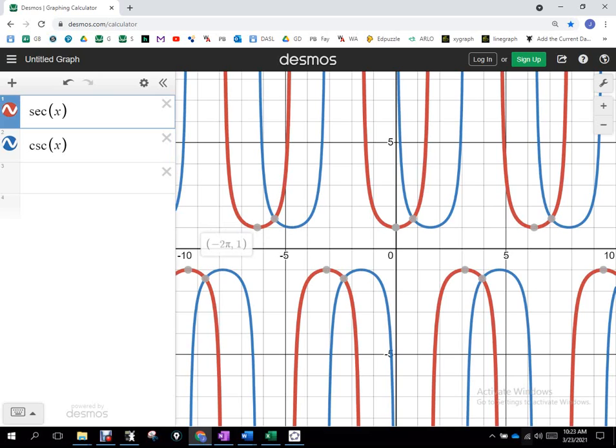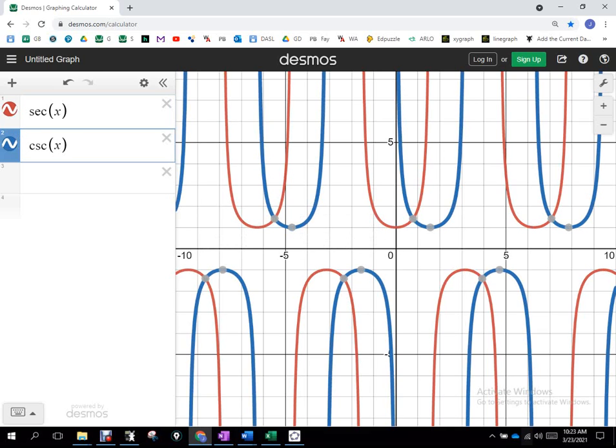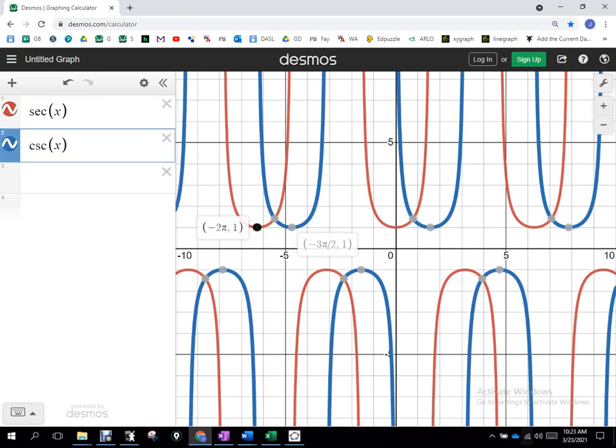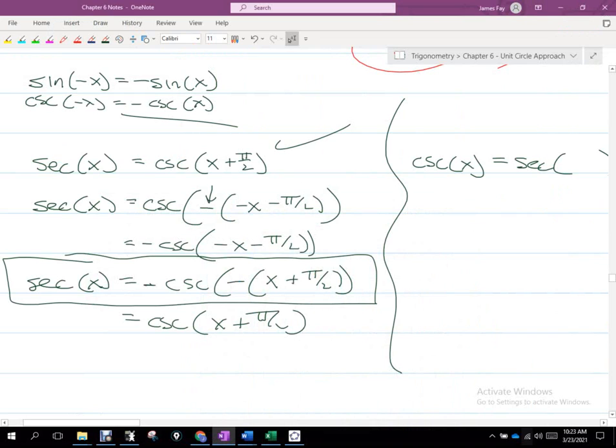Move the secant. Well, how far do I need to make the secant move to become the blue one? Pi over 2 again, right? Okay. So that one needs to be moved pi over 2 units to the right. So it will be minus pi over 2, right? So secant minus pi over 2.